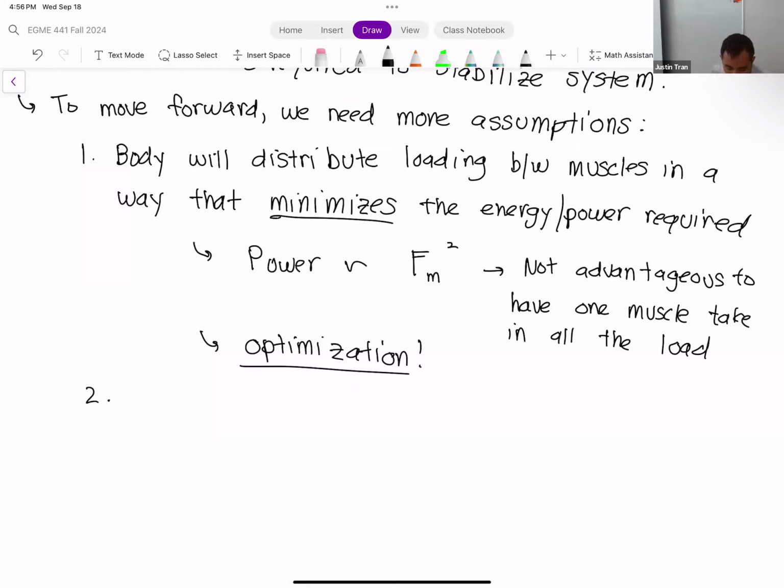So the second way that we can solve this problem is to make an assumption based on the cross-sectional area of the muscles. Basically, the assumption is that muscles with a larger cross-sectional area are going to be able to produce more force than the ones that have less.